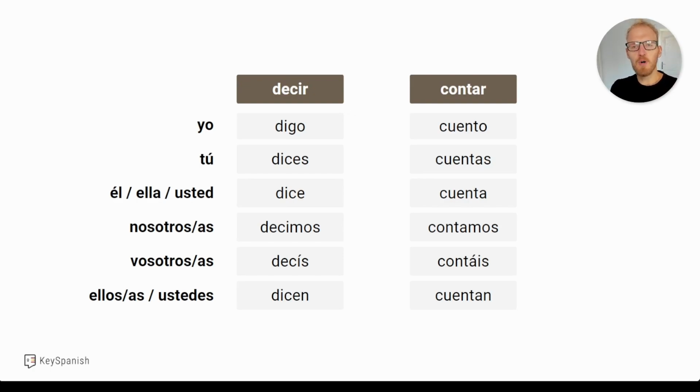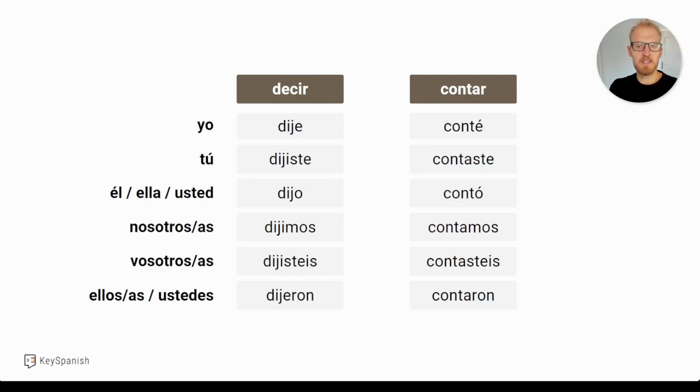It's cuento, cuentas, cuenta, contamos, contáis, cuentan. And in the past, decir is also irregular. Would be yo dije, tú dijiste, él dijo, dijimos, dijisteis, dijeron. Contar is a regular verb in the past. Conté, contaste, contó, contamos, contasteis, contaron.